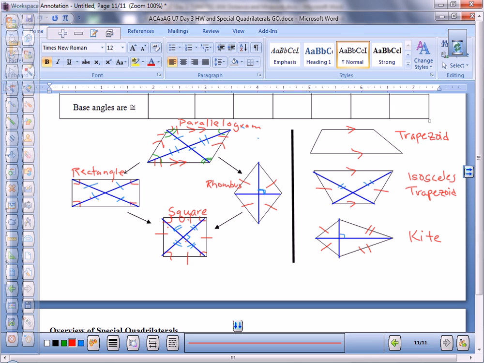Each little segment is congruent from the intersection. Yeah? So this point right here would be the midpoint of that diagonal, wouldn't it? The intersection point is the midpoint of each of those diagonals. Okay, so that's rectangle.